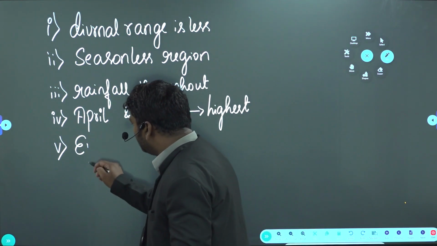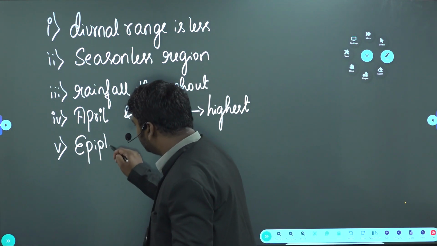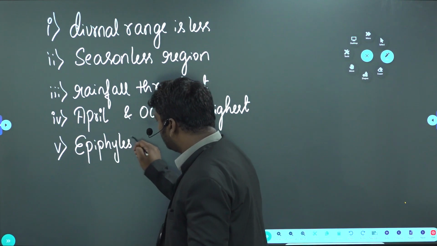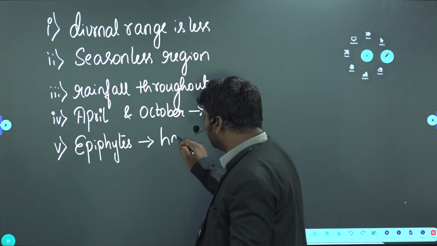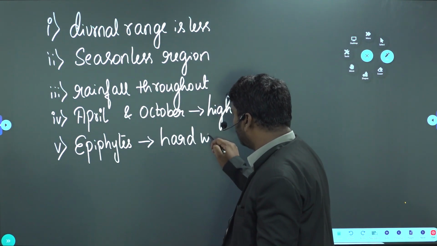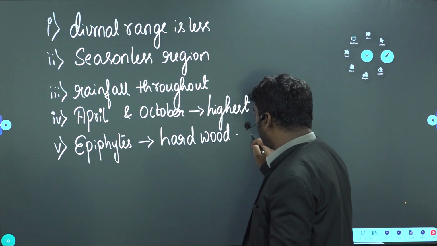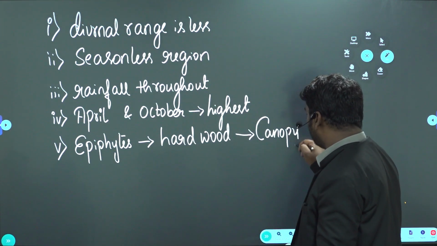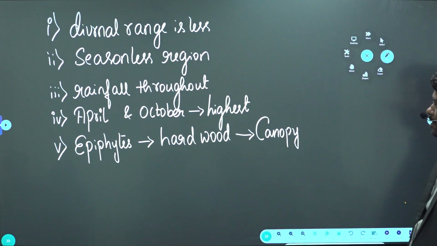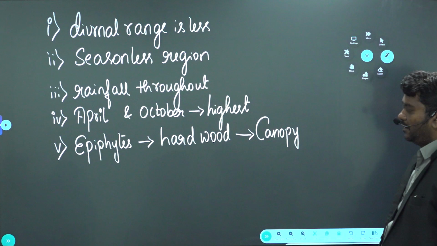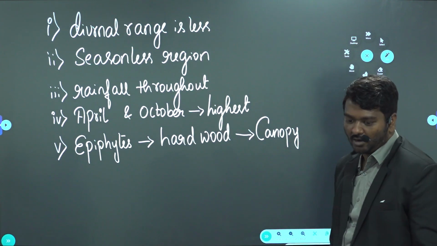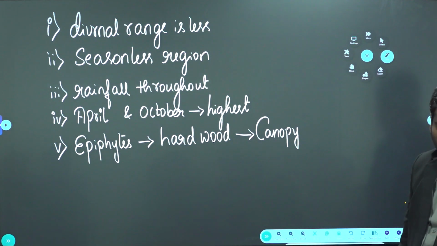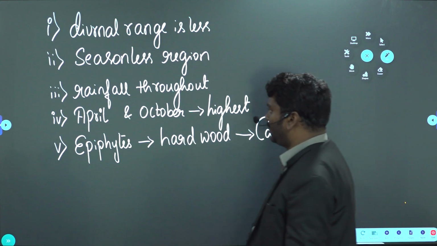If you see the term epiphytes, if you see the term hardwood, canopy, in all these cases, it will be hot, wet, evergreen forest, right? Hot, wet climate.